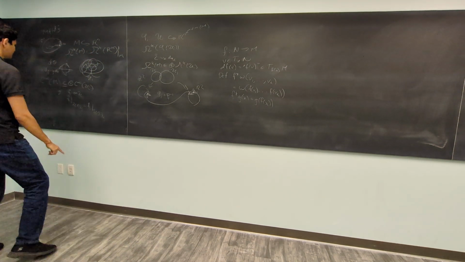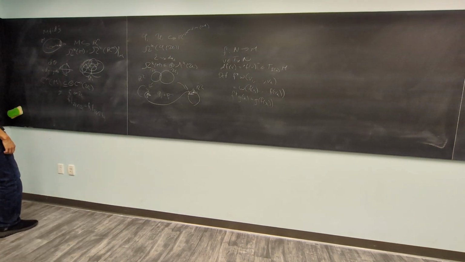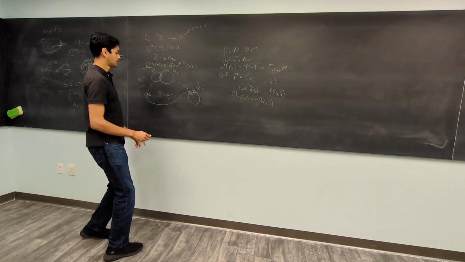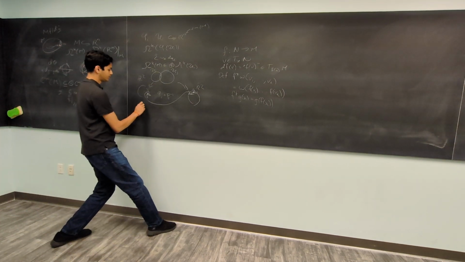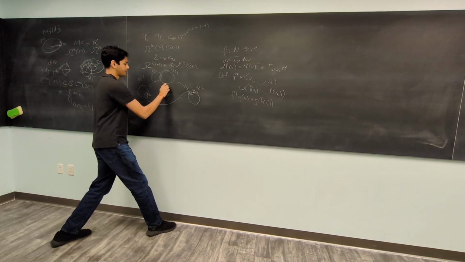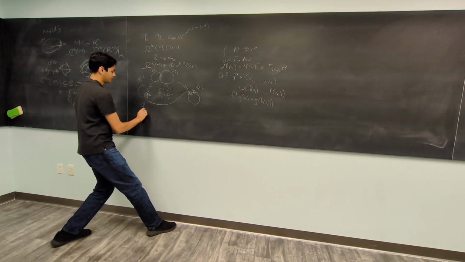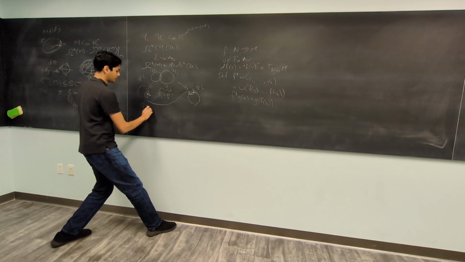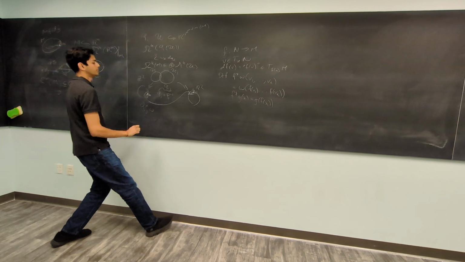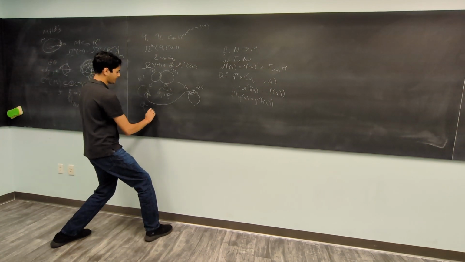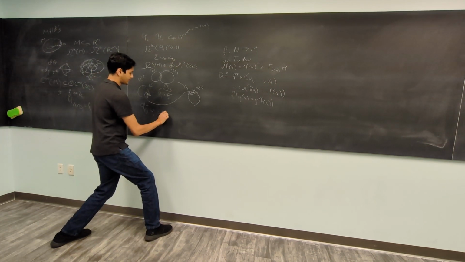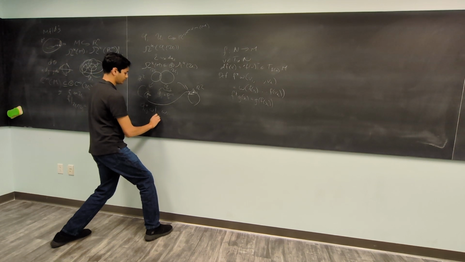So then this condition gets replaced with the condition that if we call this guy phi ij, then phi ij star of omega j is equal to omega i, restricted to Ui intersection Uj.